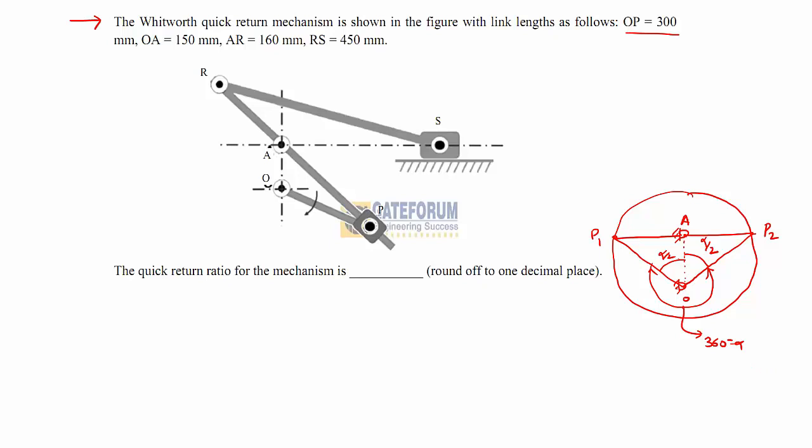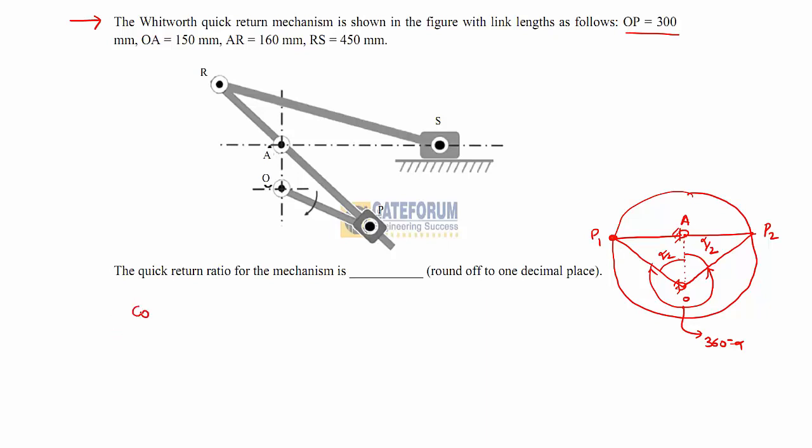P1 and P2 are the extreme positions where the slider is changing its direction.